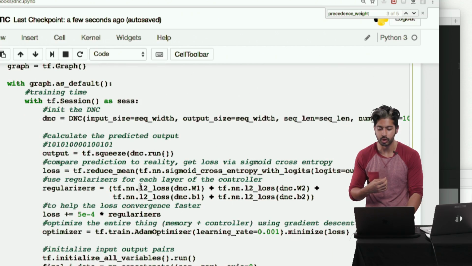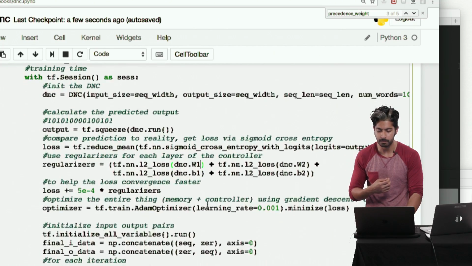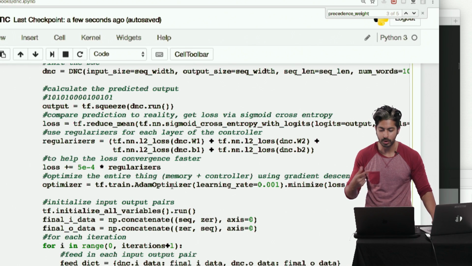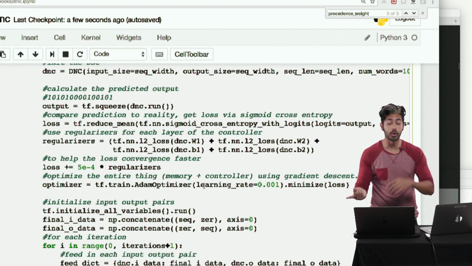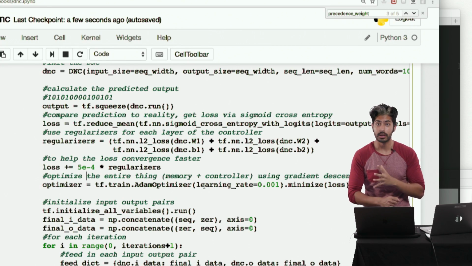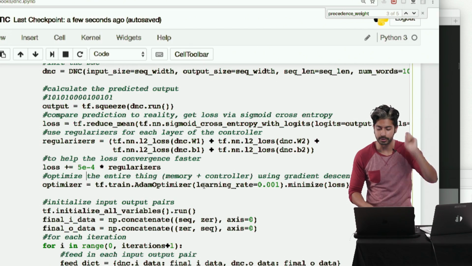And we'll use the L2 loss to do that, which is similar to the L2 norm. And then once we have that, we'll add the regularizers in, and then we'll optimize it using Adam, which is gradient descent. And so when we do gradient descent, it's being applied to the controller, the memory bank, the write head, the three attention mechanisms, and the temporal linkage matrix.